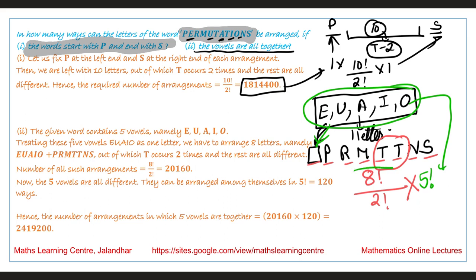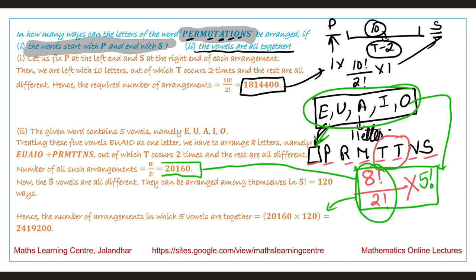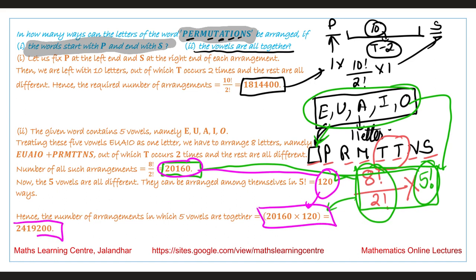On multiplying these values, 8 factorial by 2 factorial gives 20160, and 5 factorial is 120, and on multiplying both these terms, the answer we get is 2419200. So these are the number of ways that we have.